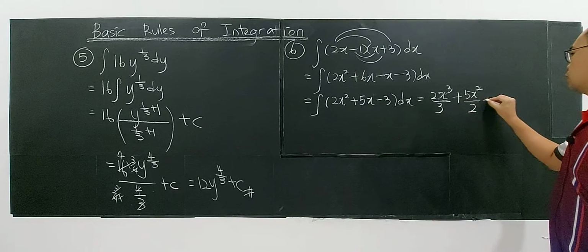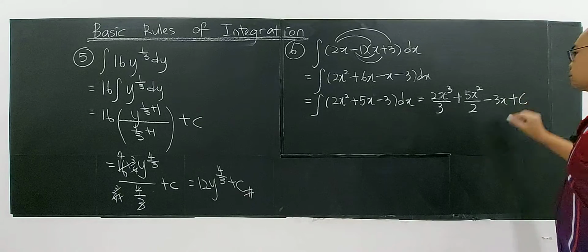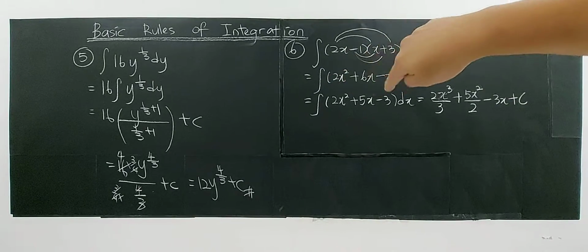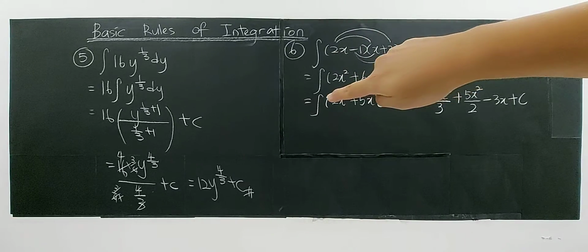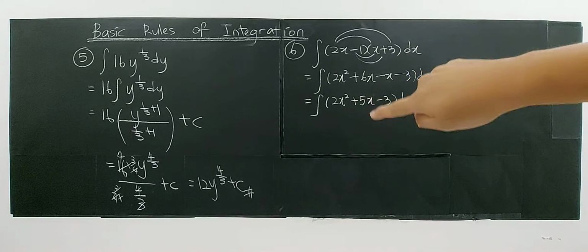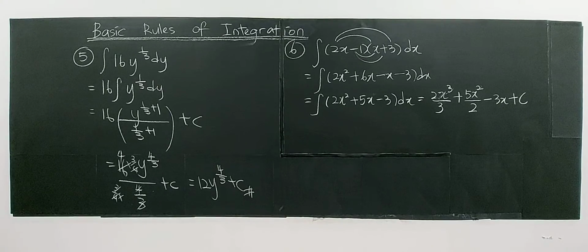Divided by 2. Integrate a constant, you just add an x. Then as simple as that. So you have to expand first, followed by you arrange in general form of quadratic. Then you just integrate, right? 2x to the power of 3 over 3 plus 5x squared over 2 minus 3x. Right? Okay, let's go for more examples.